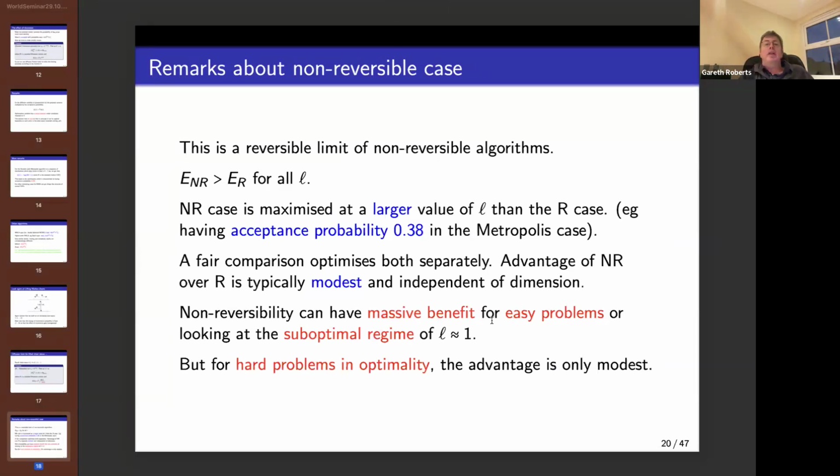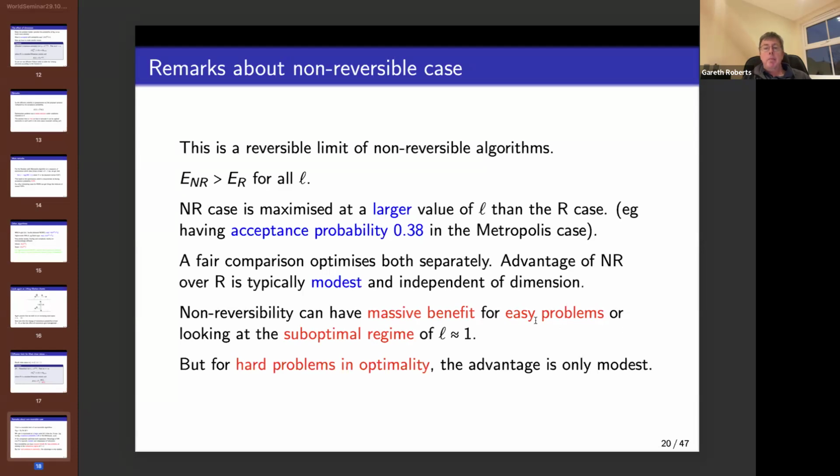This tells us that the quantity E for the non-reversible case is bigger than the corresponding thing for the reversible case, for all step sizes. So non-reversibility can't ever hurt and is normally going to be an improvement for us.